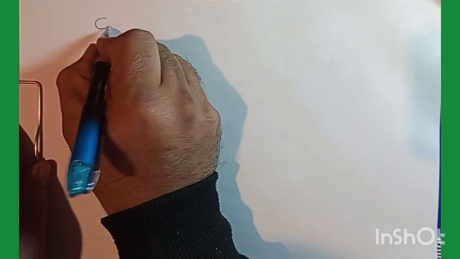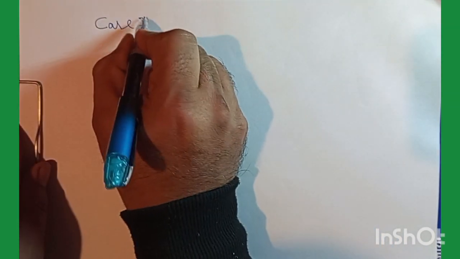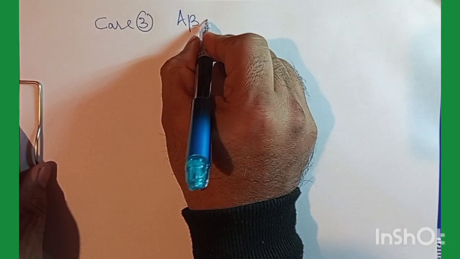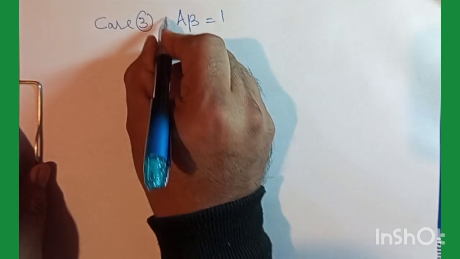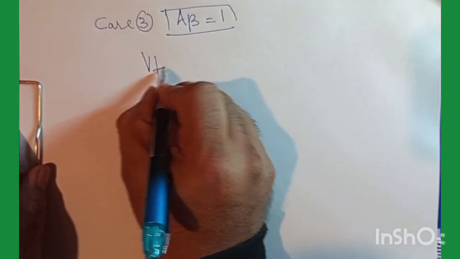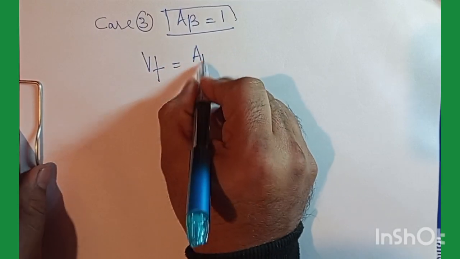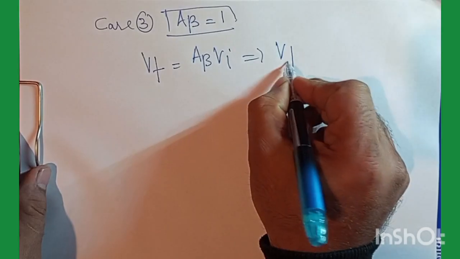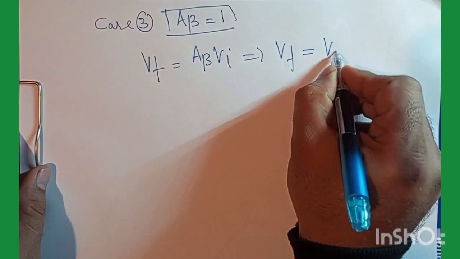Let's have case 3. In this case, we set A beta in such a way that it is equal to 1. Now, if this is the case, what will happen to the VF, which is A beta VI? We will get VF equal to VI.